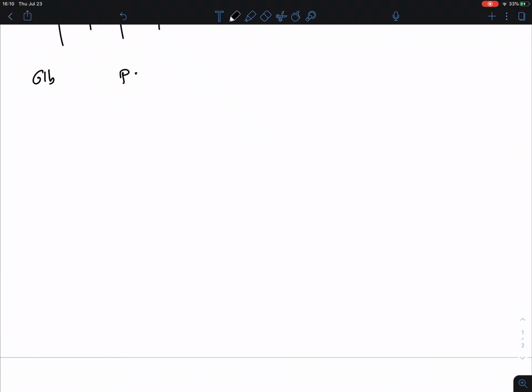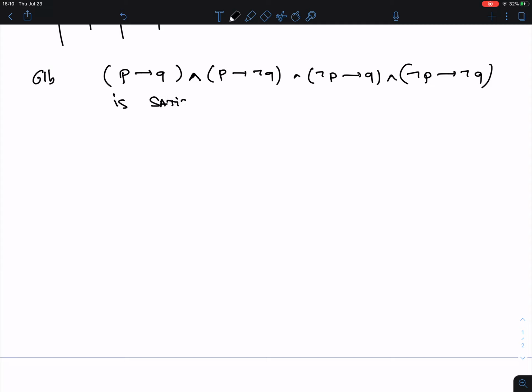We have here P then Q. Let me copy this, and P then not Q, and not P then Q, and not P then not Q. And the question is, is this satisfiable? So that means, is it not a contradiction? In other words, is there at least one, is there at least a one in the column of this guy?